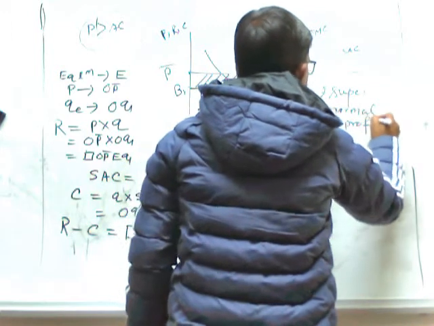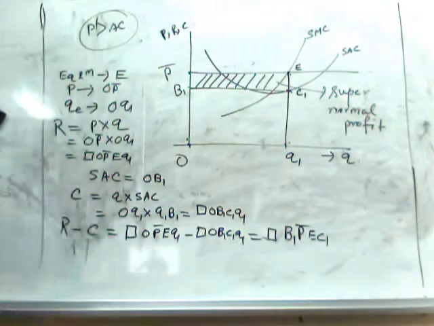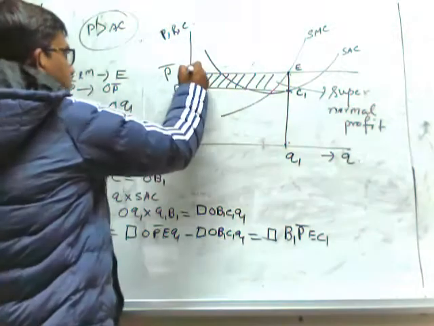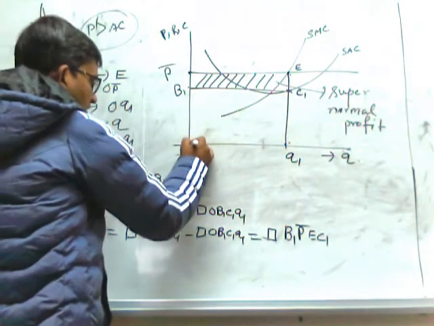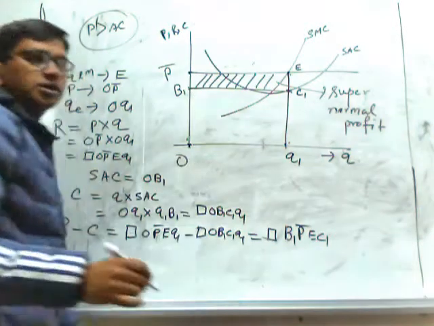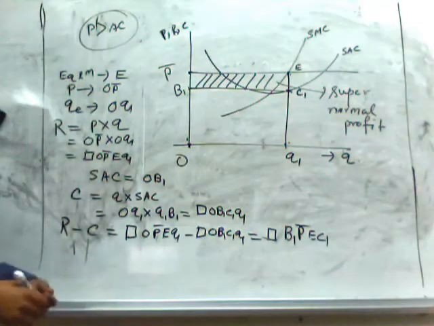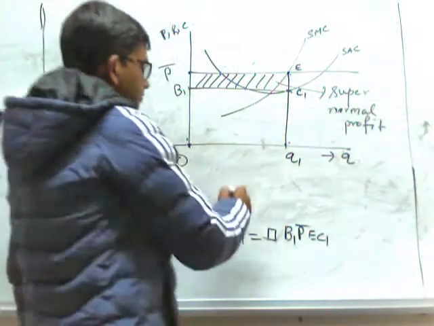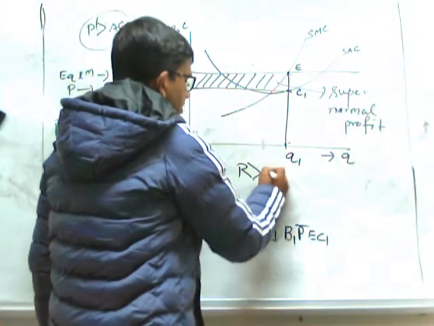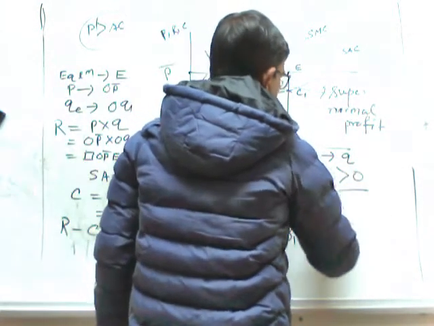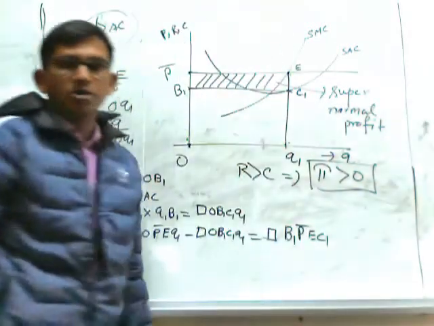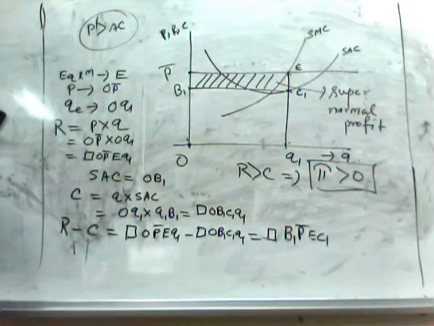In this case, at the point of equilibrium, price is OP bar and average cost is OB1. So definitely the total revenue will be greater than total cost. If revenue is greater than cost, that implies profit is greater than 0, and we call this a supernormal profit.